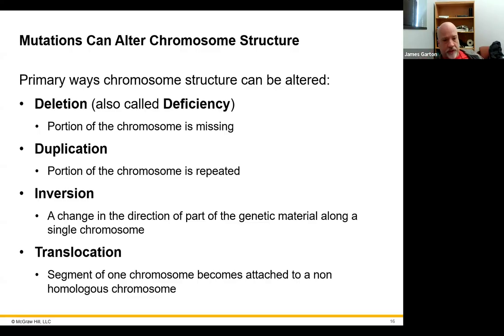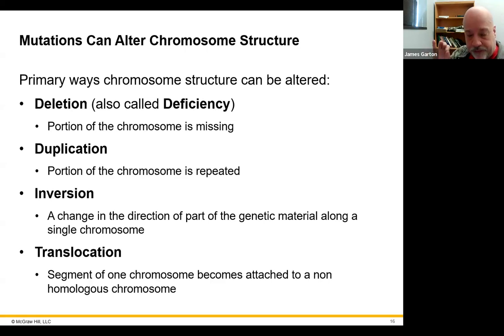Sometimes that is deleterious, sometimes not. It depends upon what exactly is in more than two copies. And then you have an inversion. In an inversion, no DNA is missing. It's just backwards.